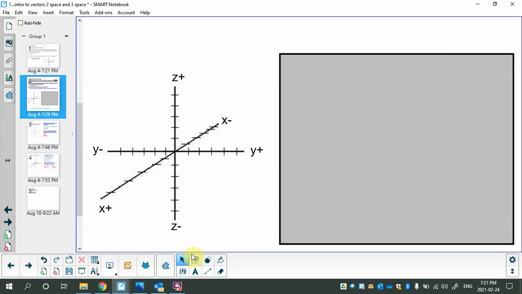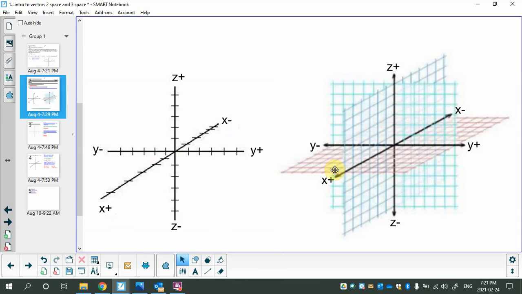So here is another scary picture. Same thing, more detail. But it shows you the grid that is associated with the x-axis, which is this one here. And x positive is coming out at the page, x negative going backwards through the page. The y-axis is this lighter blue one. And it is, like I said, negative to the left, positive to the right.